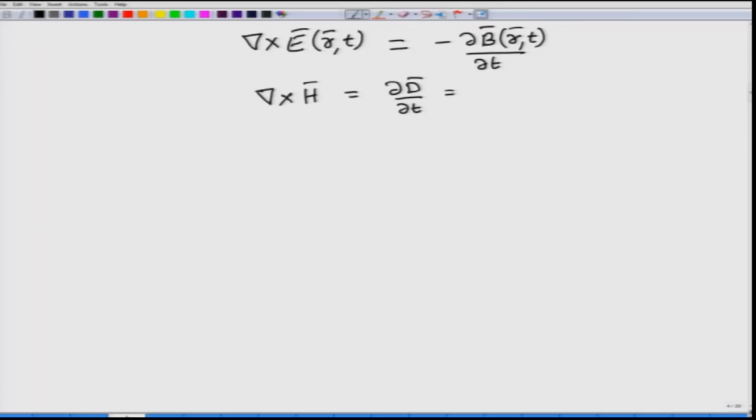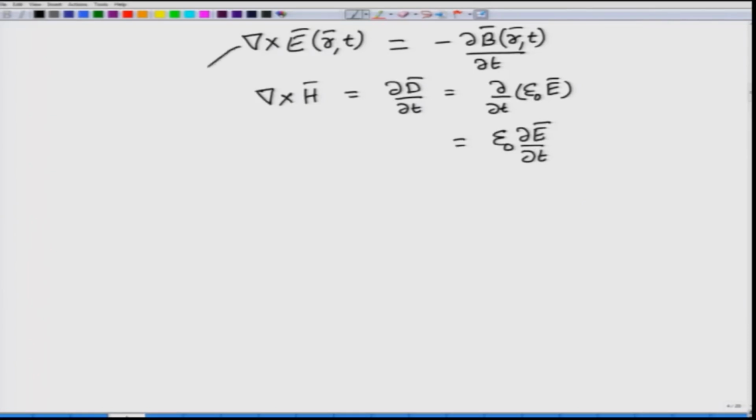Now, in free space I know how D is related to E. So, I will use that relationship and write in place of D, epsilon 0 times E. Epsilon 0 in free space is a scalar constant, so this constant can be taken out of the differential. You can move this epsilon 0 out and write del E by del t. We do not have to simplify this one further, we will wait for the other simplification to occur.